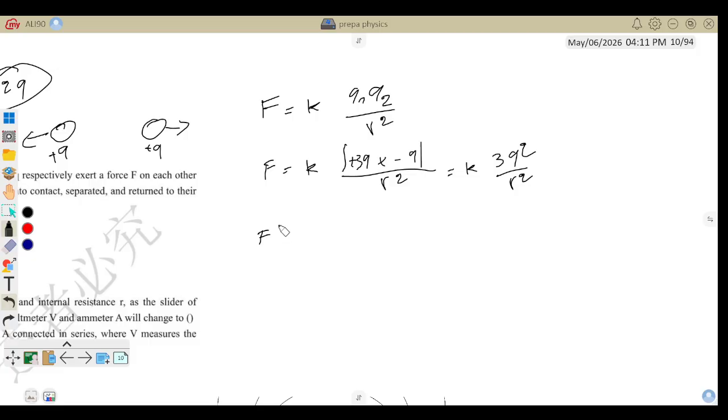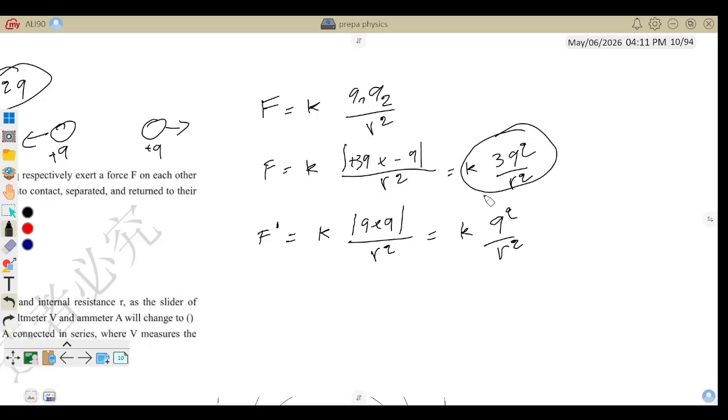So let's have a look at the formula. What's it going to give in this case? It's going to give q times q divided by r squared, which is k q squared divided by r squared. To get the same expression as before, we can divide by 3 and multiply by 3.